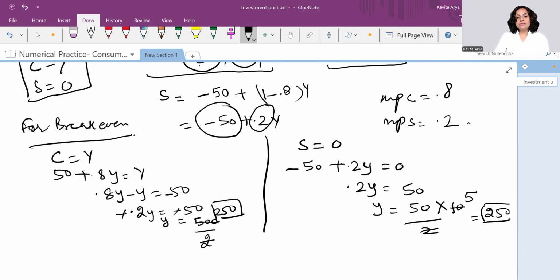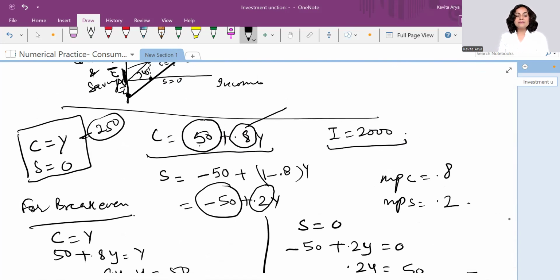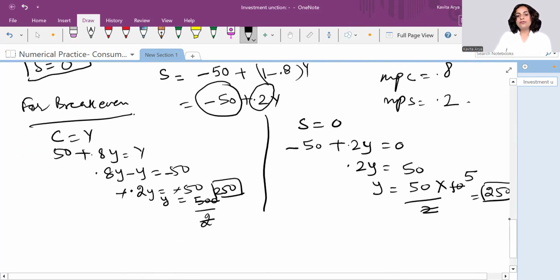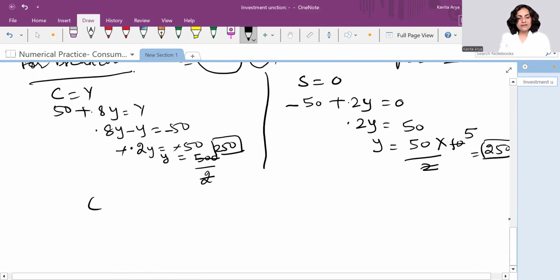Another question based on this very value: what is the value of consumption at break-even? We know the formula. The answer is going to be 250 here. Why? Because at break-even, consumption is what we earn. So let us find out using the formula. Our consumption function is C is equal to 50 plus 0.8Y, and we have already found that the break-even level of income is 250.